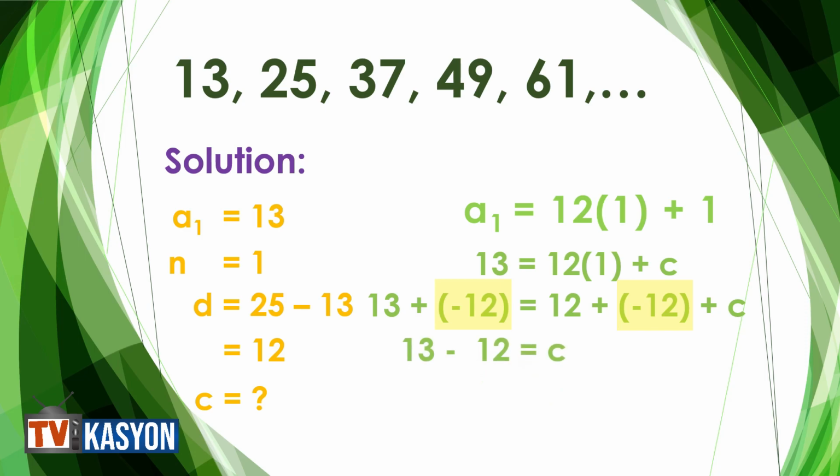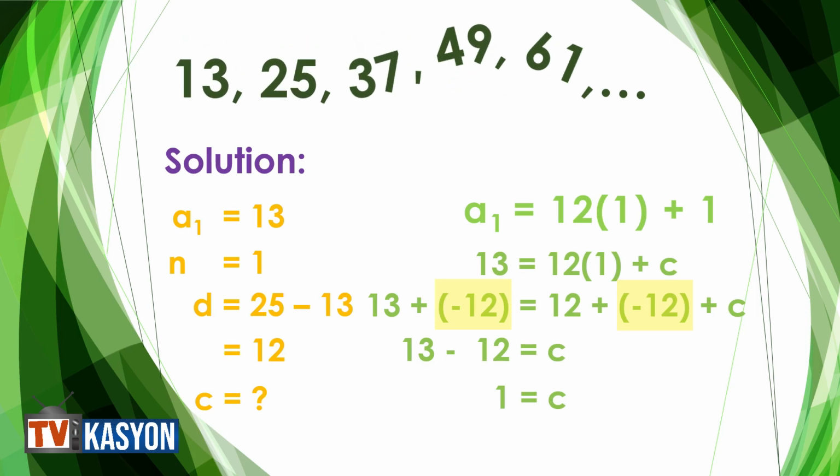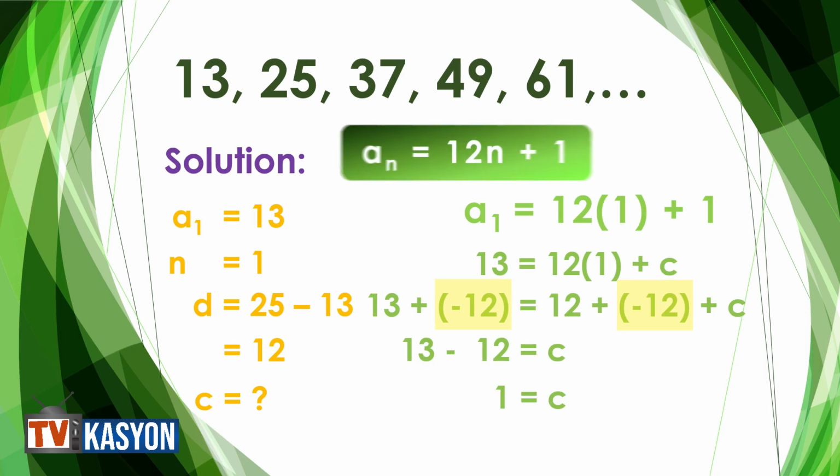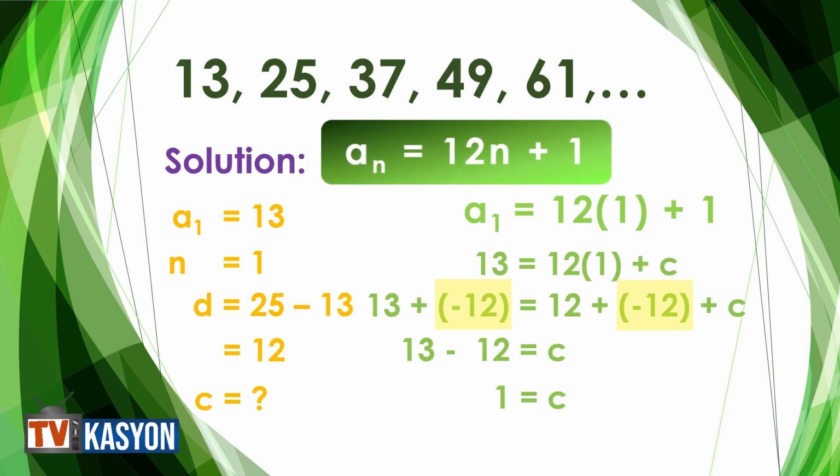Doing so, we now have 1 as the value of c. Looking at the calculations and plugging the values of the common difference d equals 12 and the constant c equals 1, we can say that the general term of the sequence 13, 25, 37, 49, 61 is a sub n equals 12n plus 1.